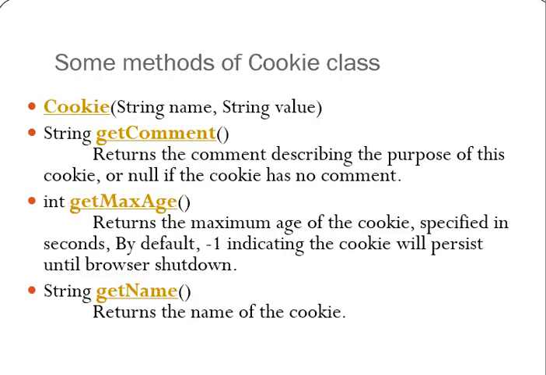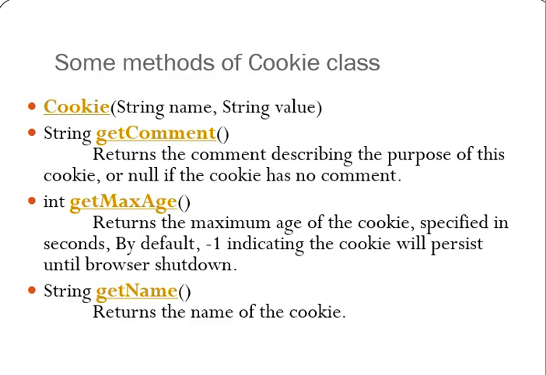Some of the methods that are present in the Cookie class include the constructor, that is string name and value. Then getComment returns the comment describing the purpose of this cookie, if it is written. Int getMaxAge returns the maximum age of the cookie that is specified.